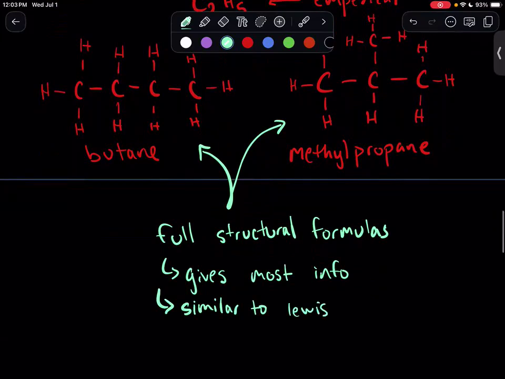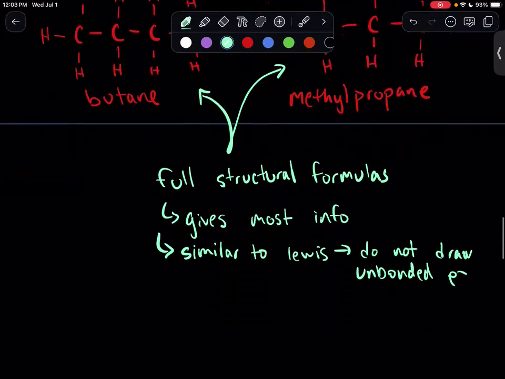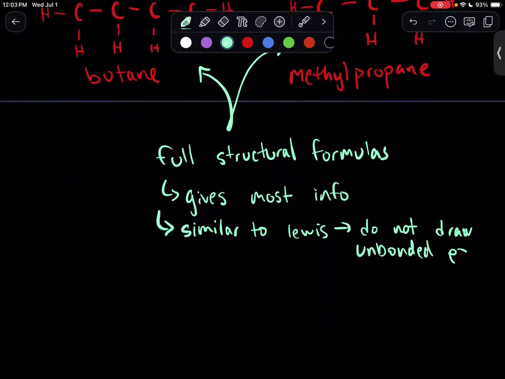And like I said, it's similar to a Lewis structure. But the main difference here is that we do not draw unbonded electron pairs. So all our unbonded electrons are not drawn. Now, in this case, all of our electrons are bonded, but an example might be if we have oxygen bonded to hydrogen, bonded to something, I'm going to say R. I'm not going to draw the electrons on oxygen.